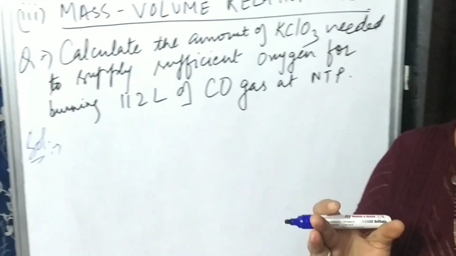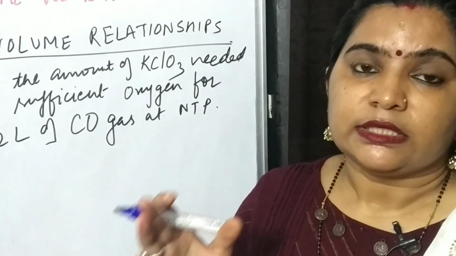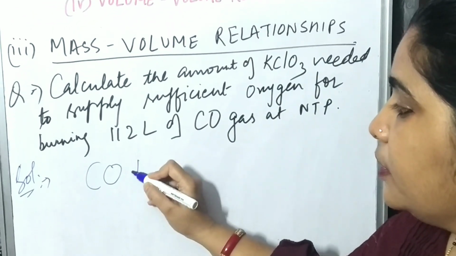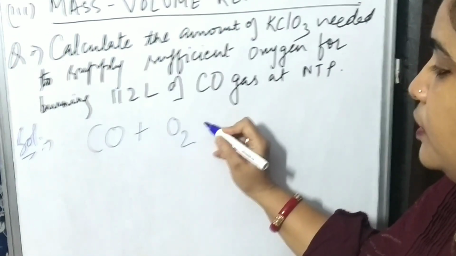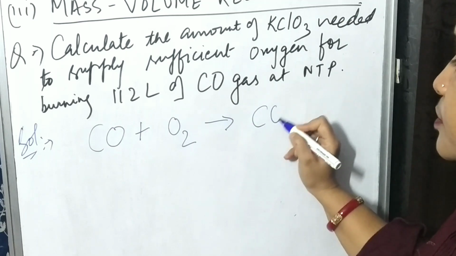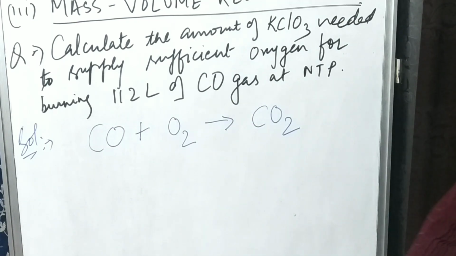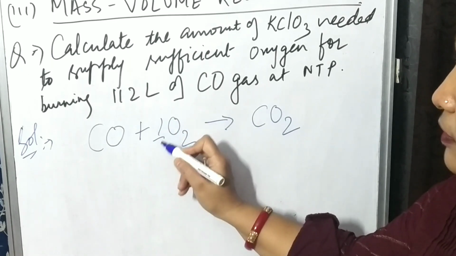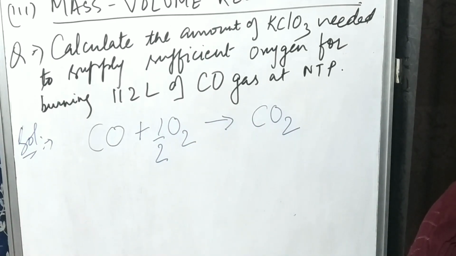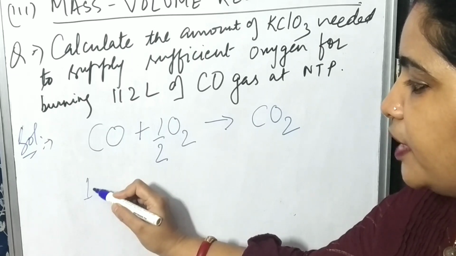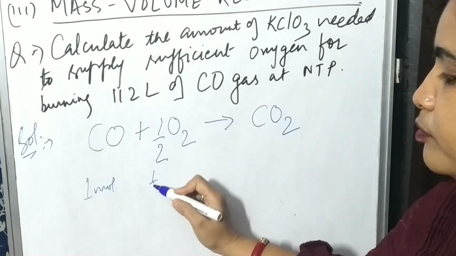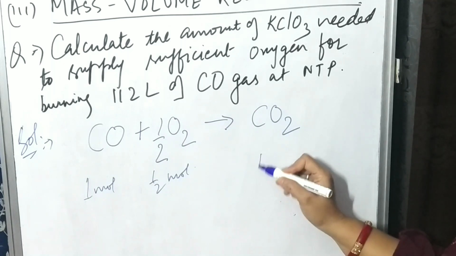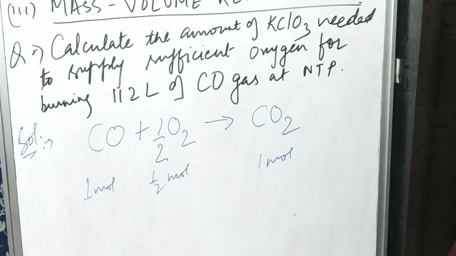First you have to write this equation, that is CO plus O2 when reacted forms CO2. When you balance it, it will become half. It means 1 mole of CO and half mole of O2 combine to form 1 mole of CO2.